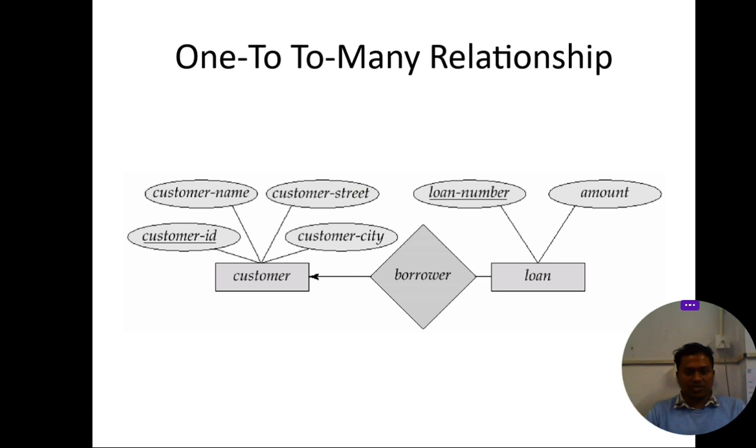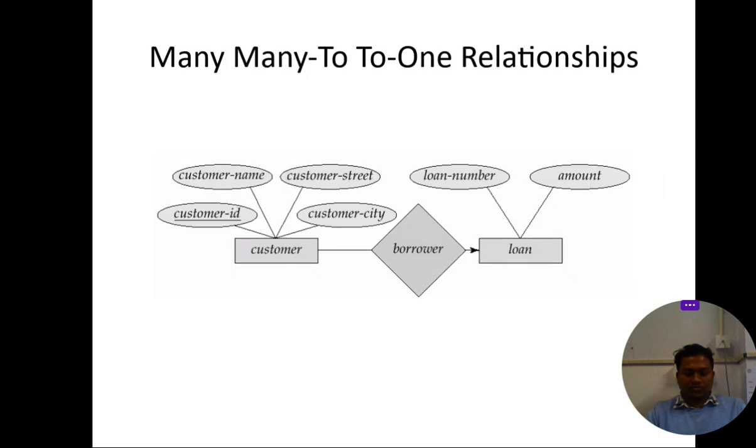Now comes the one-to-many relationship, where you can see the diagram. In a one-to-many relationship, a loan is associated with at most one customer via borrower. A customer is associated with several, including zero, loans via borrower. Now, many-to-one relationships.